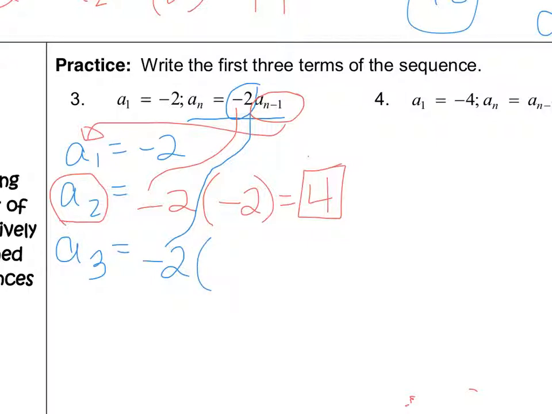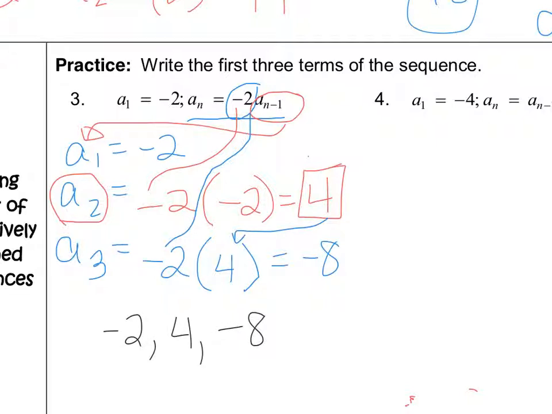Well, our term before now is 4. So times 4 equals negative 8. So now we've written the first 3 terms. They are negative 2, comma 4, comma negative 8. Those are the first 3 terms in the sequence.